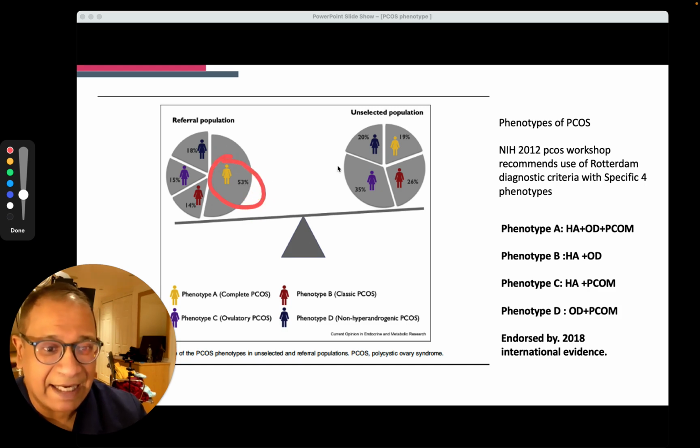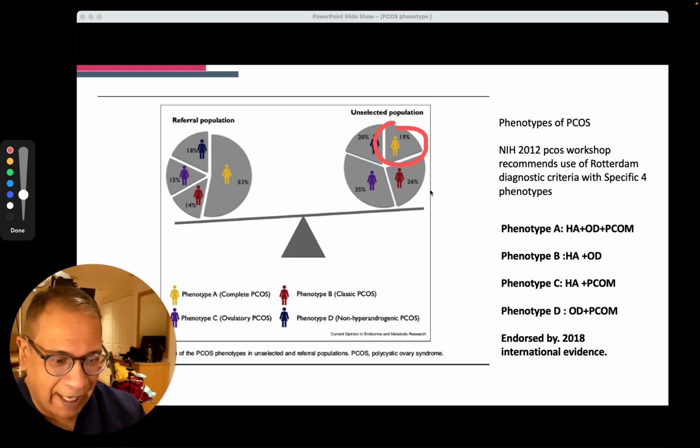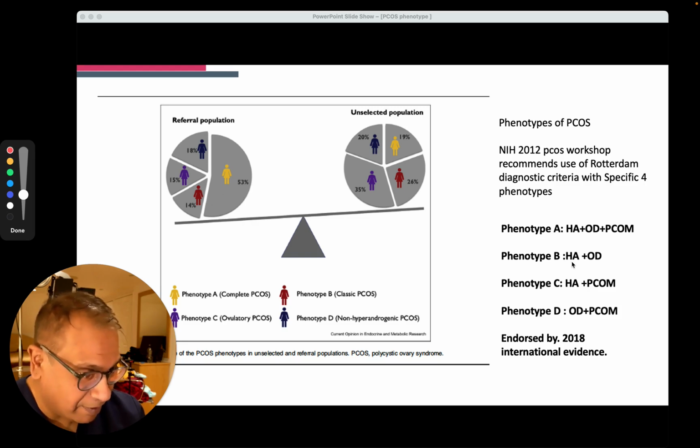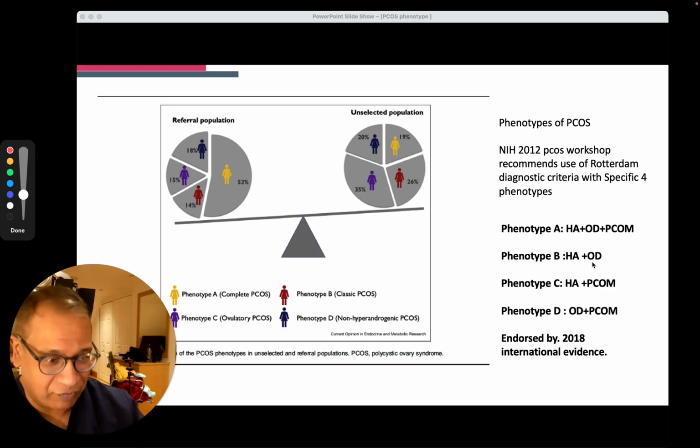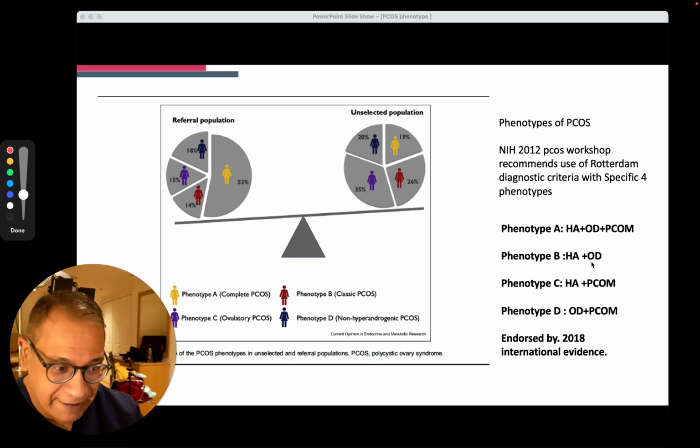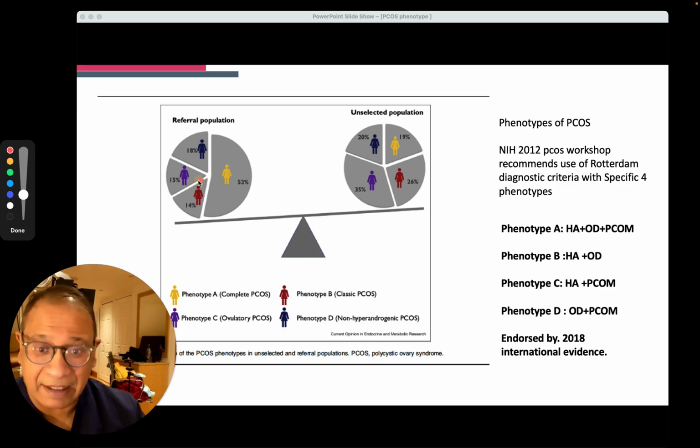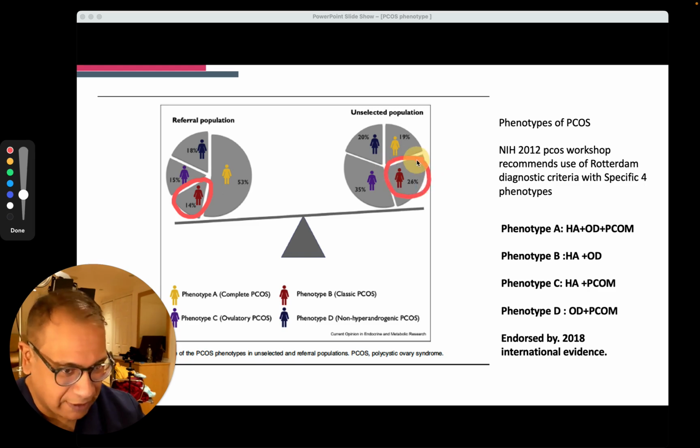In the unselected population, they seem to be 19%. Phenotype B is hyperandrogenism plus ovulatory dysfunction, no polycystic ovaries. That's around 14% of referrals, and in the general population about a quarter.